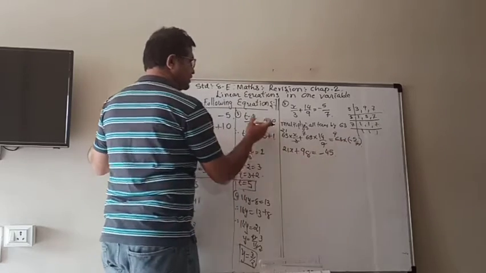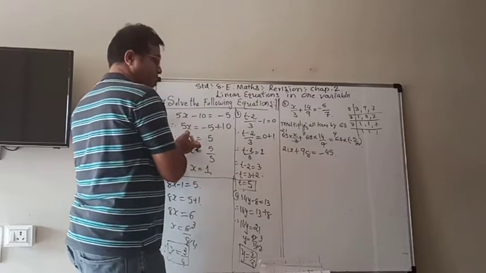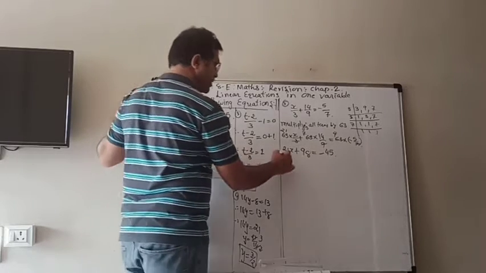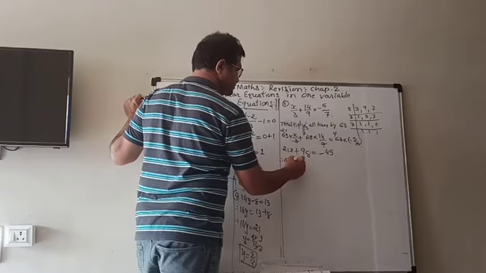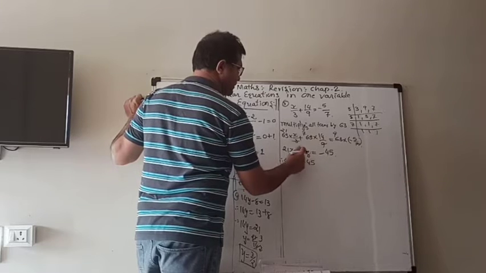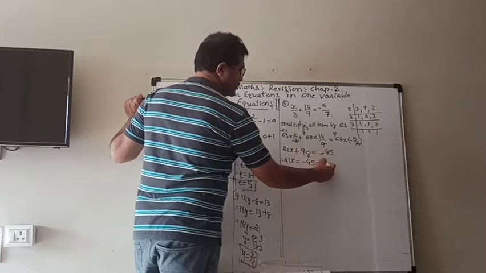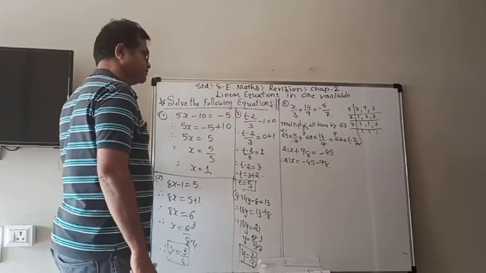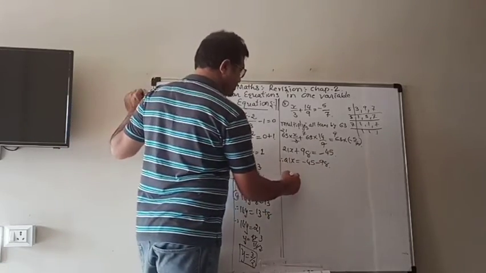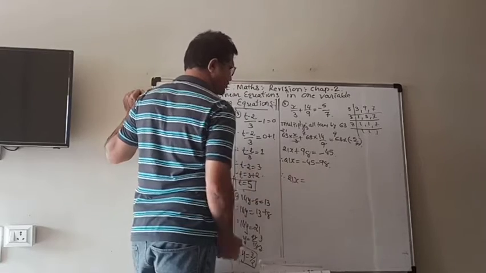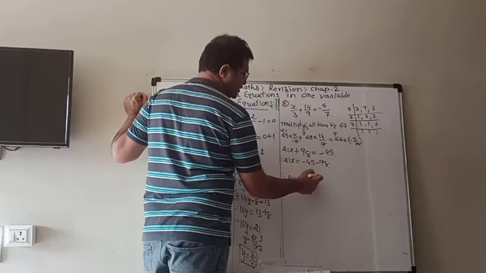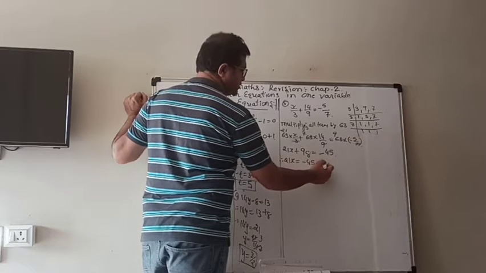So now we can convert them to the simple form. Now it is easier. So now 21x minus 45 plus 98 will become minus 98. And therefore 21x is equal to, now both are negative sign, so answer will have negative sign and you have to add them.